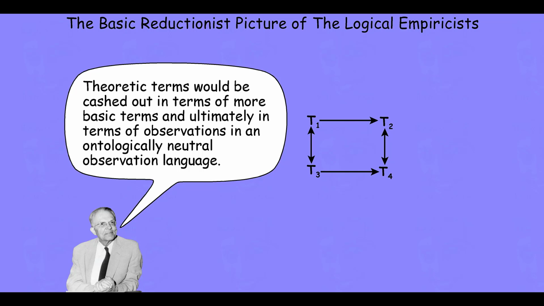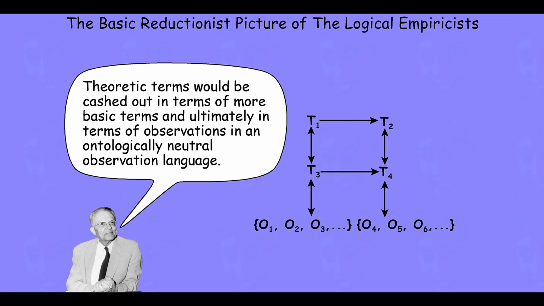Now this will be a lot like compiling programs into machine language. Each step down will likely involve a more complicated picture relating more items in a more complicated fashion. But ultimately, all of these theoretical terms and the dynamical relationships will be grounded in physics, and physics itself will be grounded in the ontologically neutral observation language.